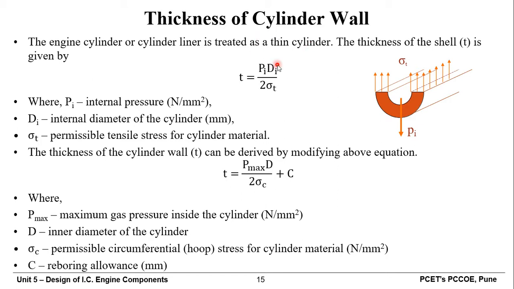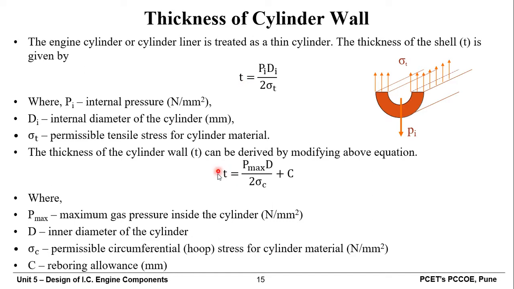Then for thin cylinder, we use this formula for calculating the thickness of the cylinder. t is equal to p i, that is internal pressure, into d i, internal diameter of the cylinder, divided by 2 multiplied by permissible tensile strength for cylinder material, which is the design parameter we consider. Then we need to modify this equation, which is derived for thin cylinder, for IC engine cylinder.